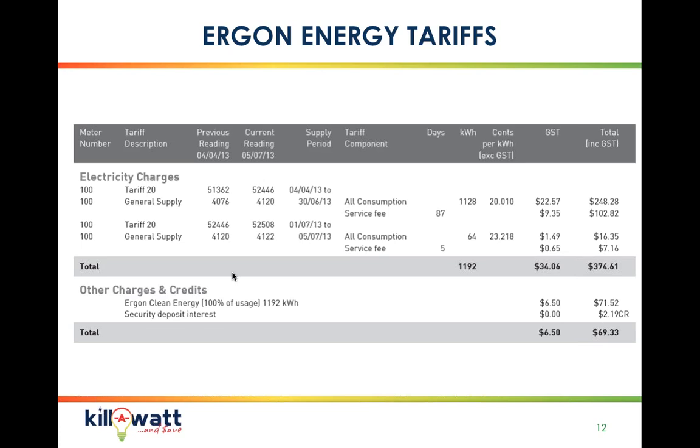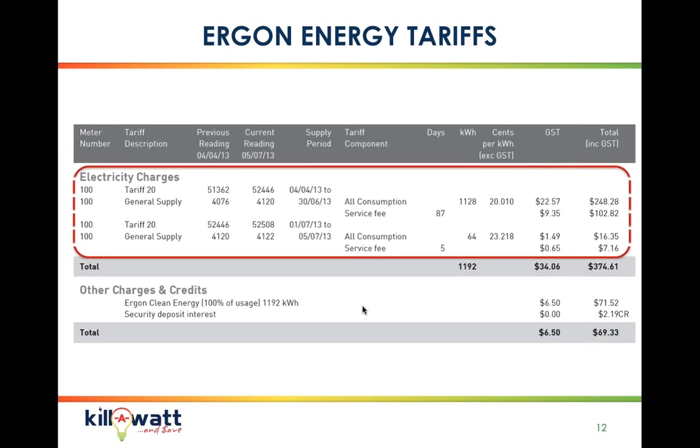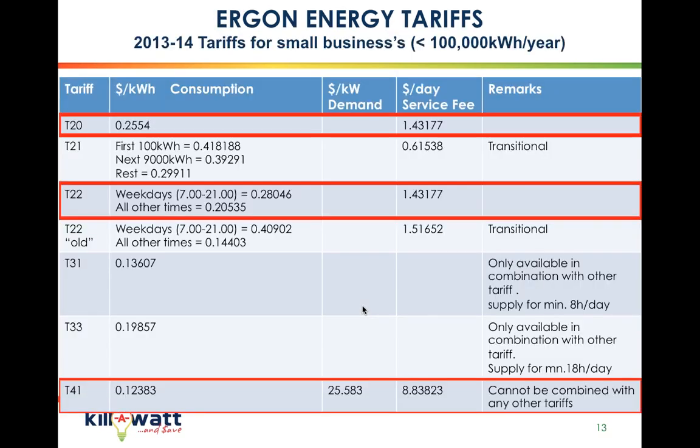And then you'll see the new tariff has come into effect over a period of 5 days, and they've used 64 kilowatt hours. This customer has elected to go for clean energy credits, where you pay a little bit additional, and that helps subsidise the power usage that you're making, being made from clean energy.